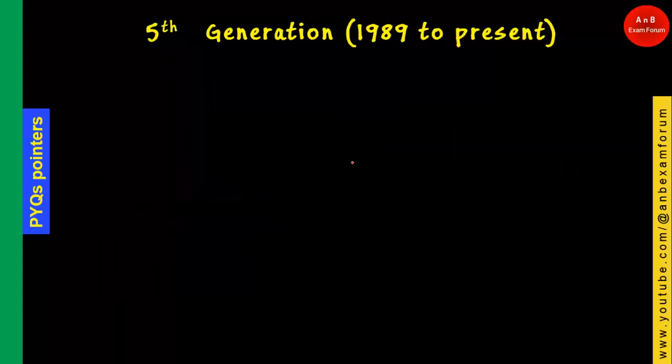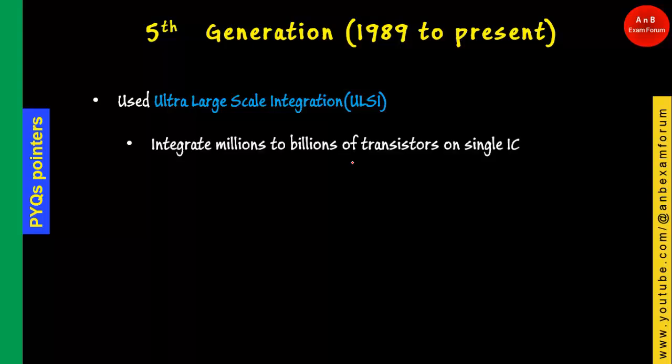Okay, coming to the last generation, that is fifth generation. They have used ULSI, which is ultra large scale integration, and you can think of it as from millions to billions of transistors put on a single IC. So you have more computation power, more advancement in the field of computers, and because you have a lot of computation and a lot of memory, artificial intelligence and quantum computing are going to be the trendsetters for the upcoming generation.